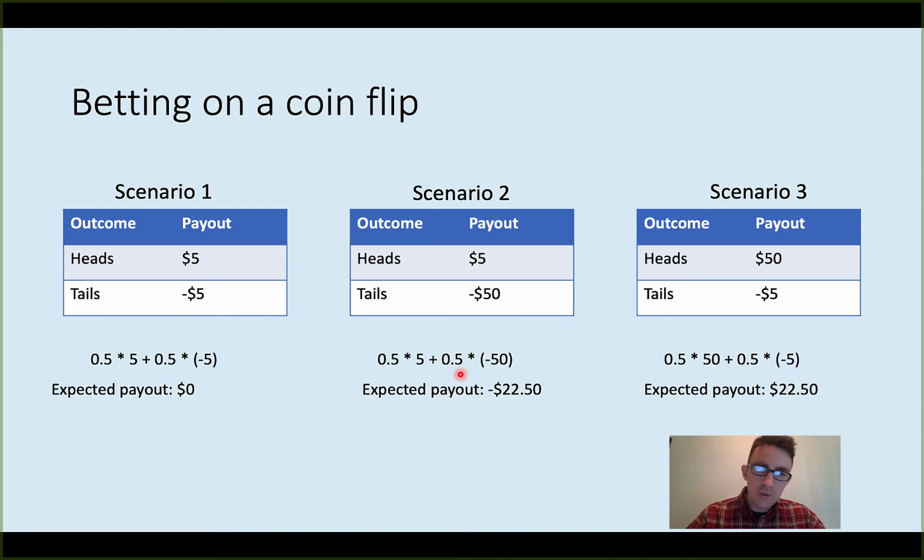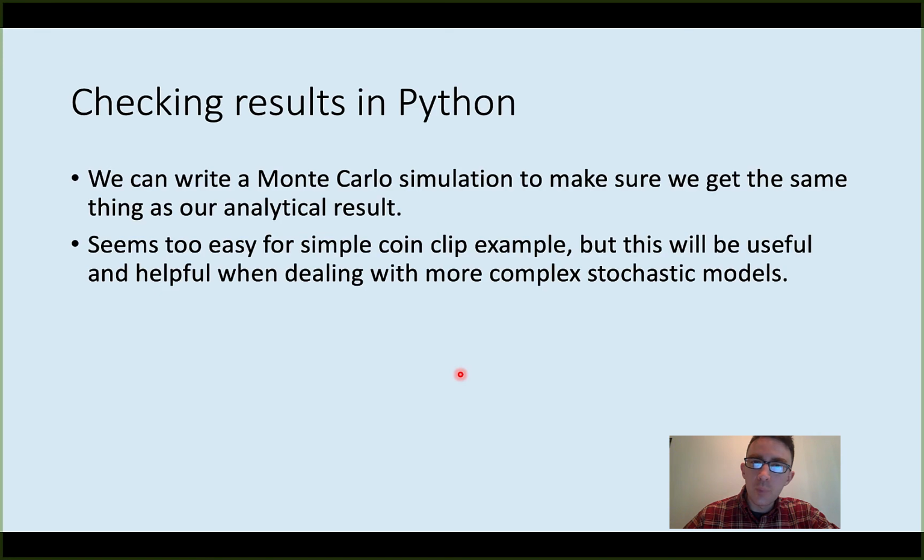But when you get to more advanced stochastic models, these sanity checks become very important because you want to make sure you didn't screw up your analysis of the system at any point. You need to make sure that the simulation you're writing matches the analytical results that you did mathematically on paper, because if it doesn't match, then something's wrong.